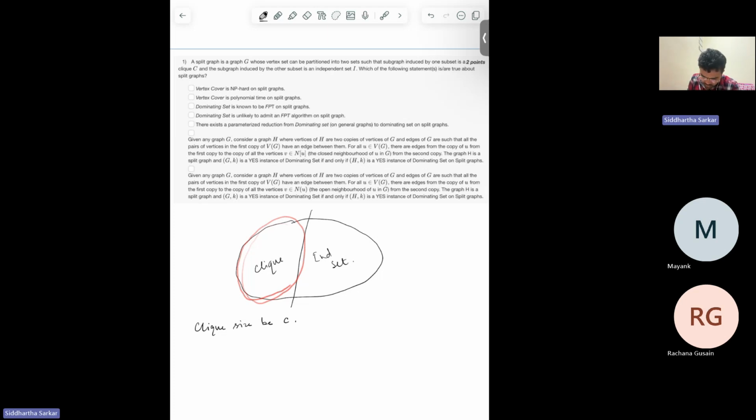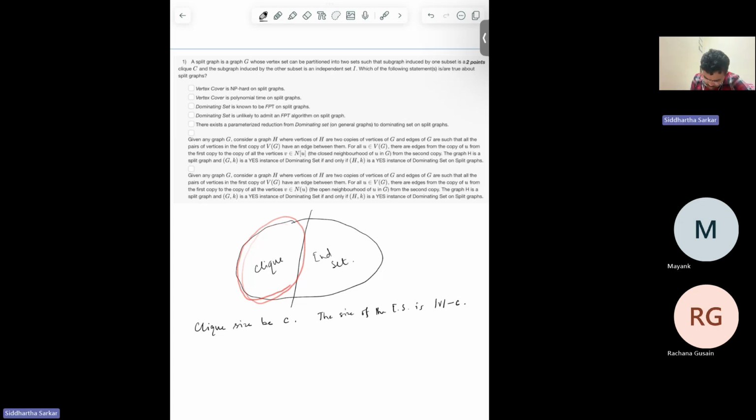So the size of the independent set is mod V, the total number of vertices, minus small c. All right.